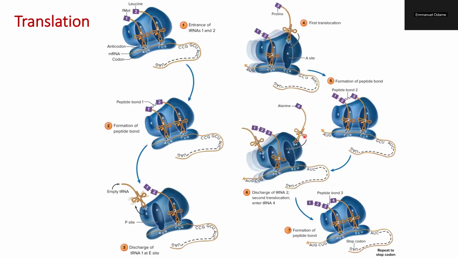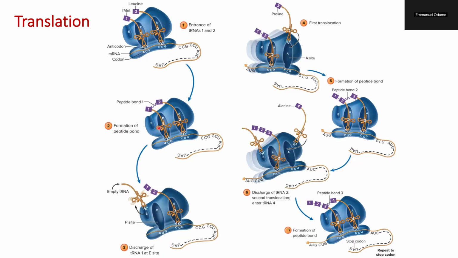Just to go over again, the A site is the entrance site for the transfer RNAs. Transfer RNA binds to the codon on the mRNA. In step 2, there is the formation of peptide bonds, which happens between the amino acid in the A site and the P site. Step 3 is just the discharge of the transfer RNA.